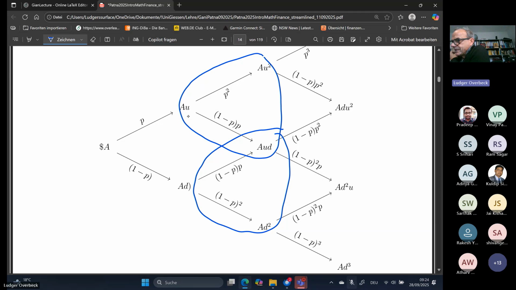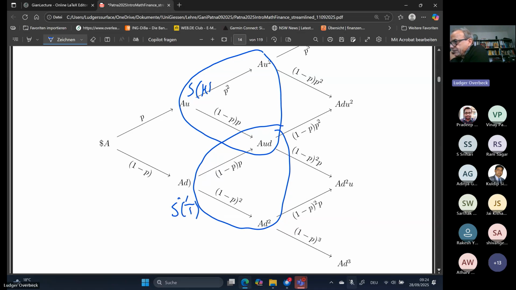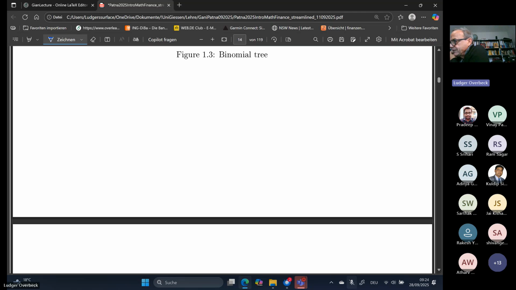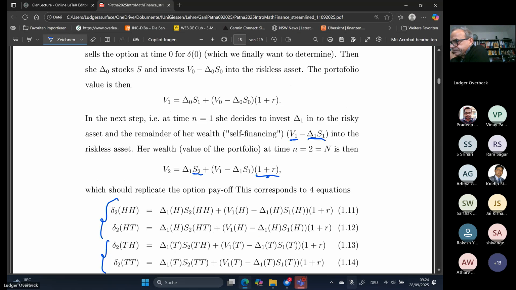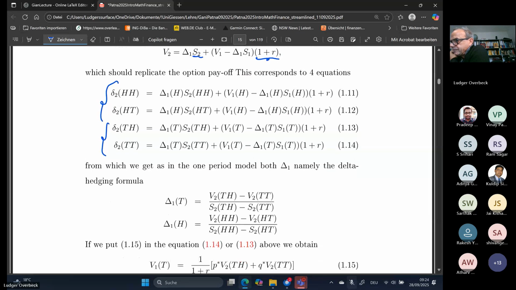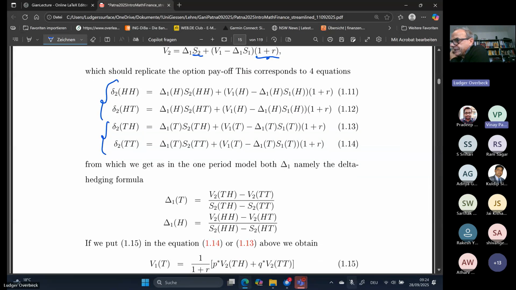This scenario was head, and this was T. So you have to solve this equation, and now you see already the recursion which appears here. In each case, delta 1 T is what you want to figure out.